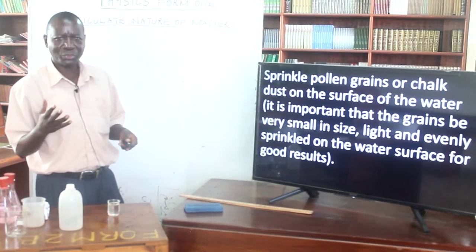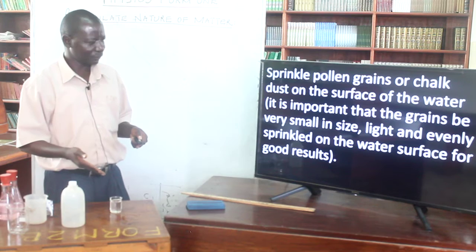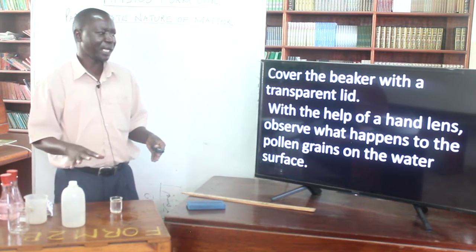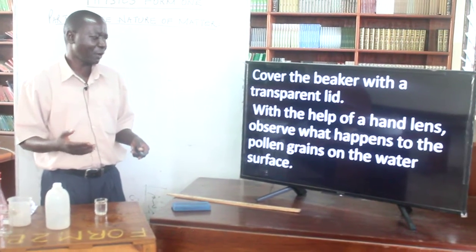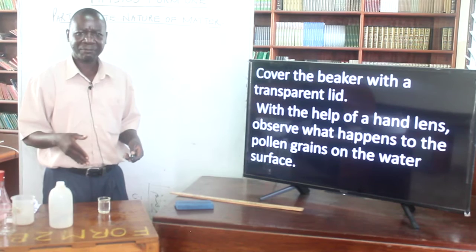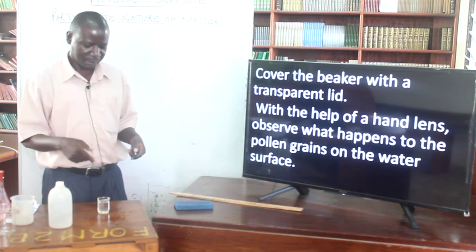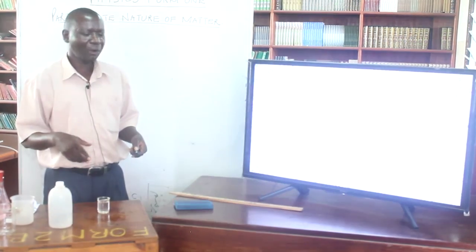But we are going to show you how these pollen grains behave. So you cover that, then with the help of a microscope, you observe the behavior of those pollen grains.